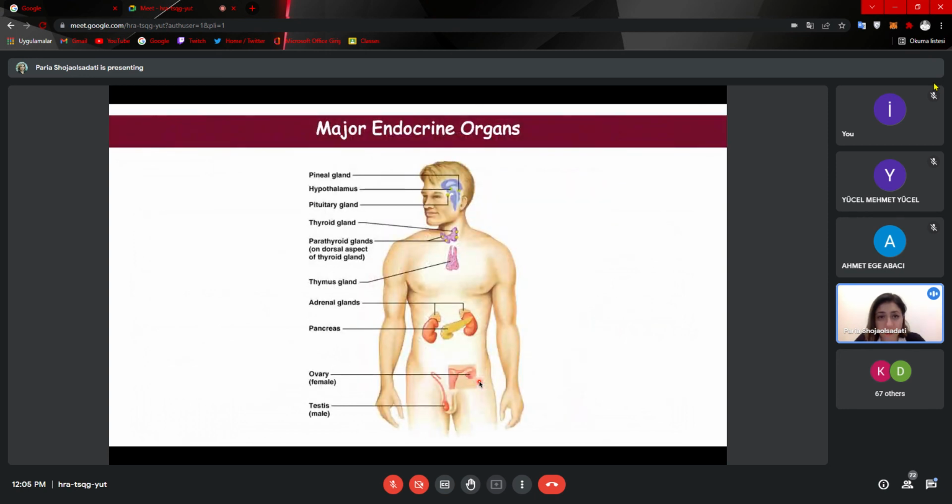The last topic I'd like to talk about is the endocrine system, which has a special gland named the adrenal gland. Like another gland of the body, it's a part of the endocrine system.